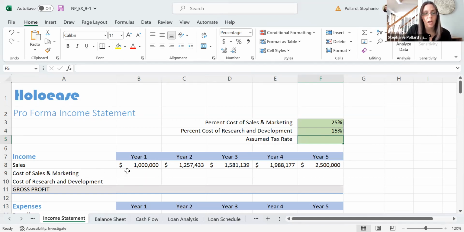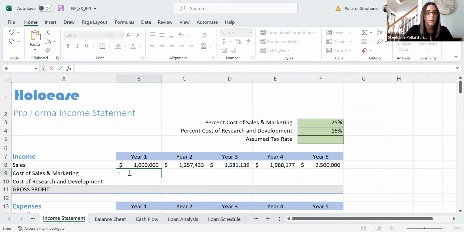So my first row is cost of sales and marketing, and the next is research and development, so R&D. And what I'm going to do is just go ahead and multiply. So I'm going to take my B8 here and multiply it by my percent for the cost of sales. So that is F3.